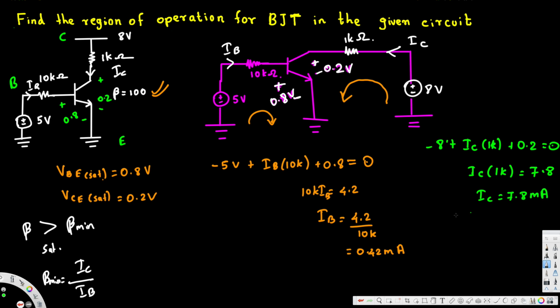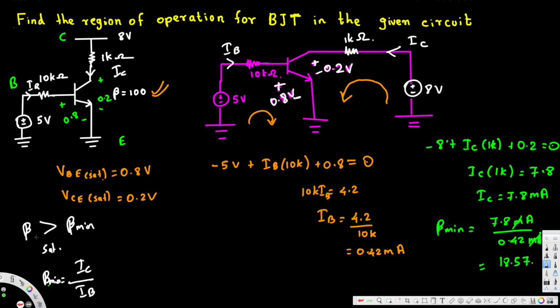Now we have IC and IB, and we know that beta minimum is IC over IB. IC is 7.8 milliampere divided by 0.42 milliampere, and milli cancels, and finally we will get 18.57.